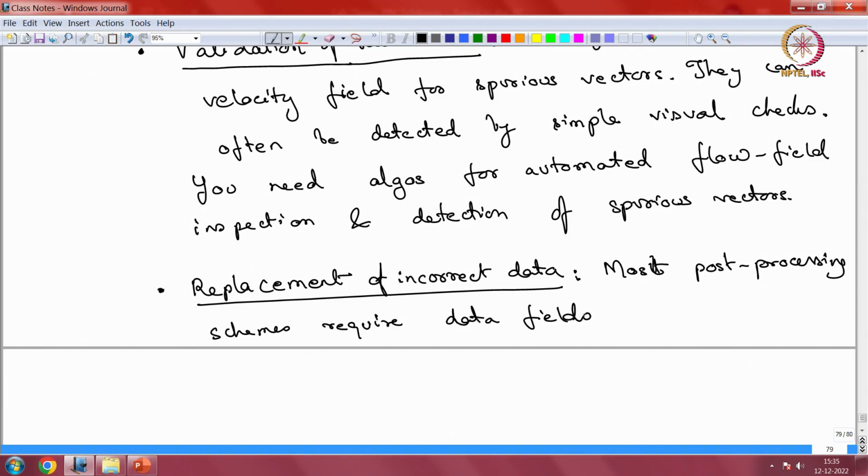For example, if you are calculating whether continuity has been violated or not, you cannot work if certain data points are missing. You need the entire data field, and hence gaps in flow fields cannot be tolerated.